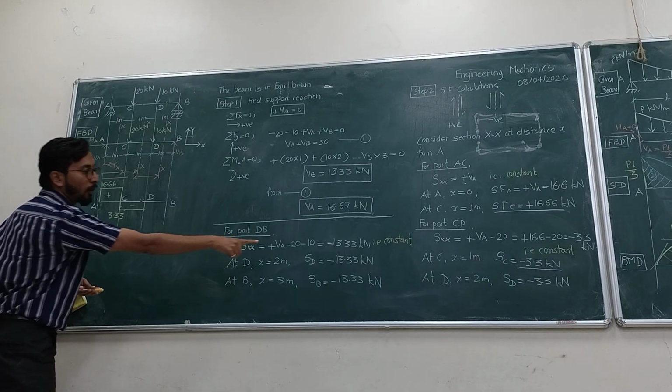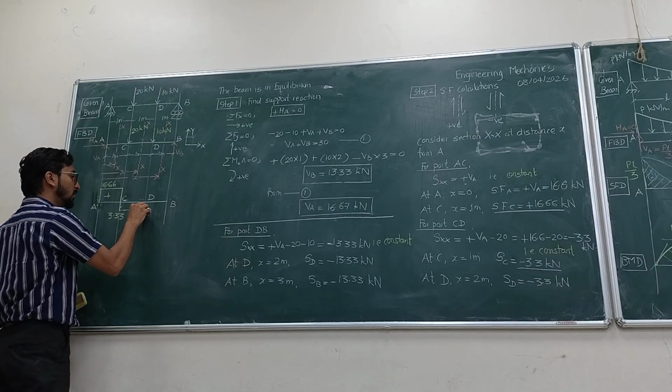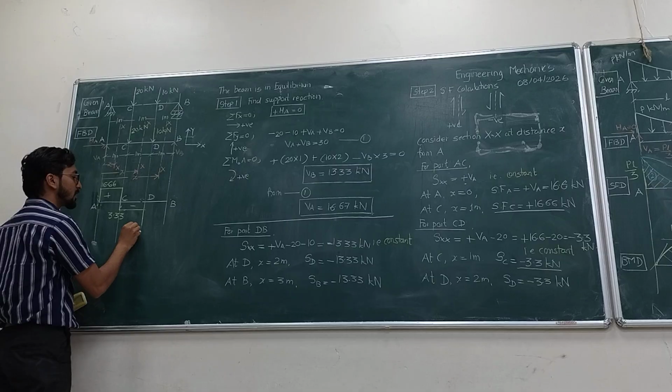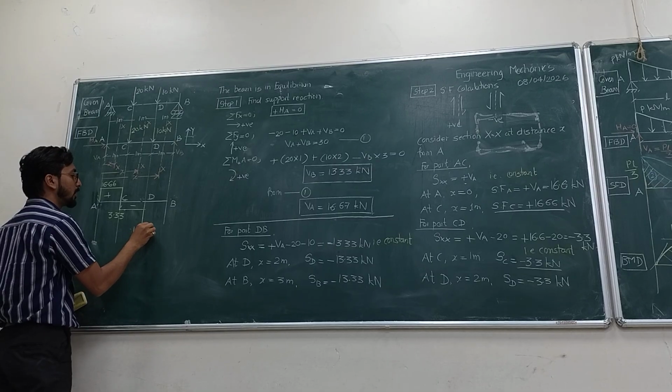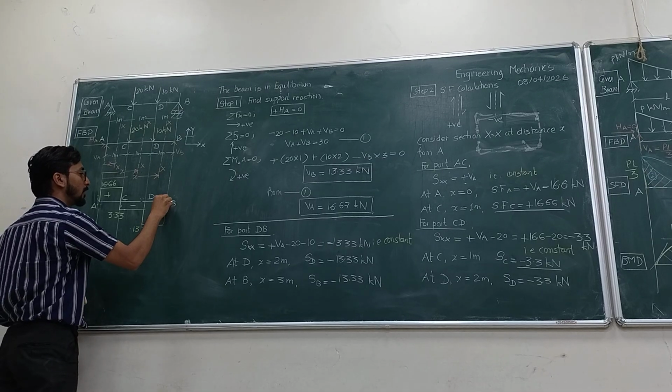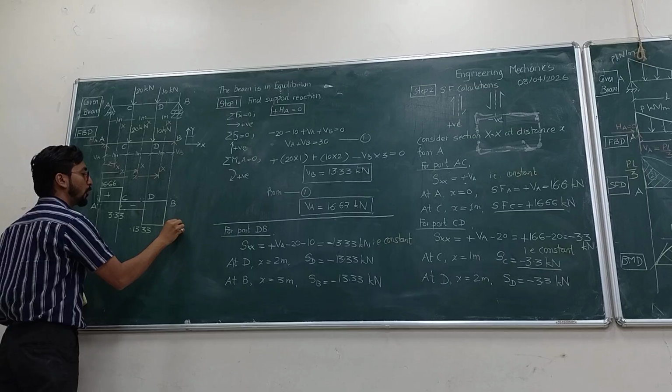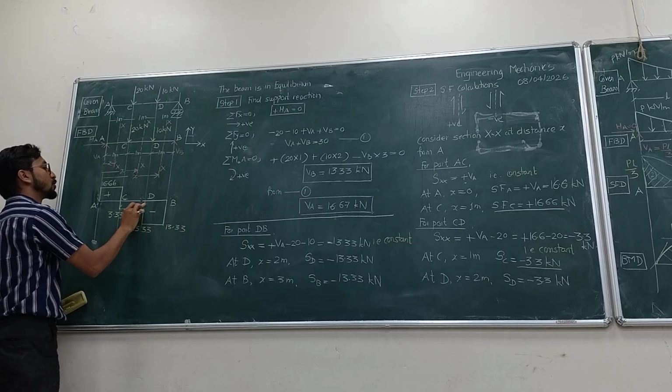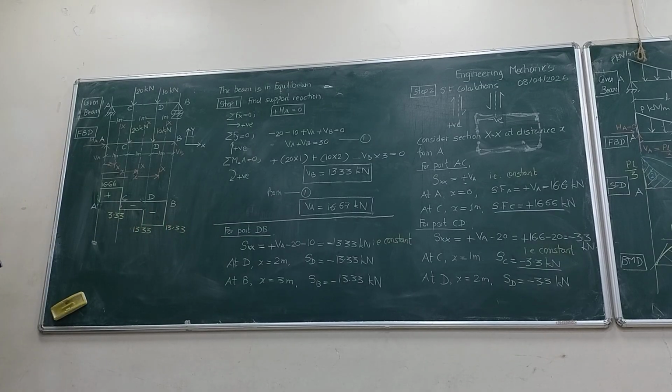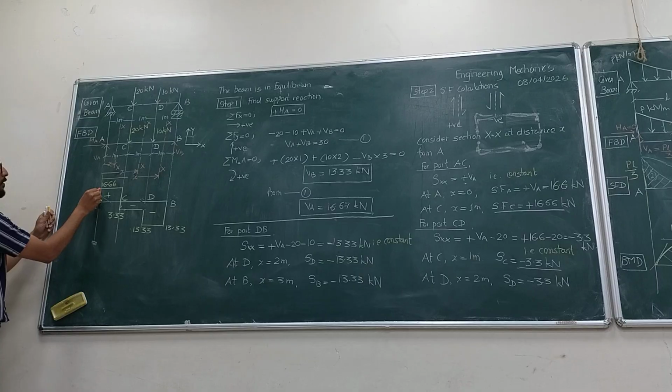So at D you have got another value, 13.33. This is constant. This is negative. So your shear force diagram is like this.